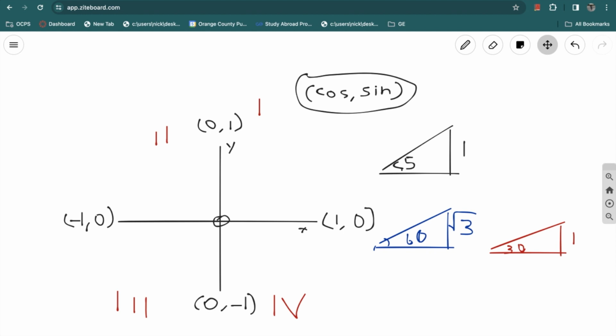Okay, so in terms of trig equations, we have cosine and sine, and the way we're gonna start is with the values of cosine and sine on a 45-degree angle, so on 90 degrees or 0 degrees or 180 or 270 degrees.